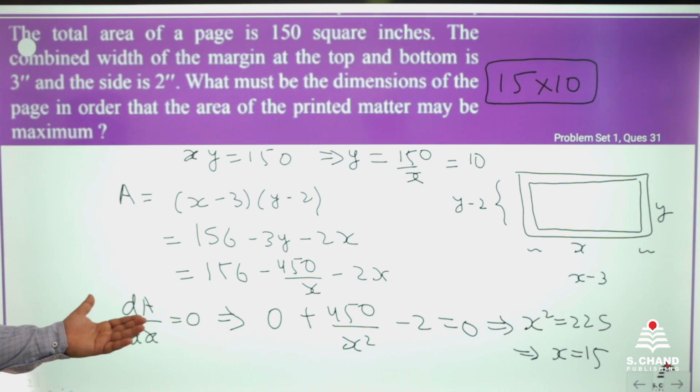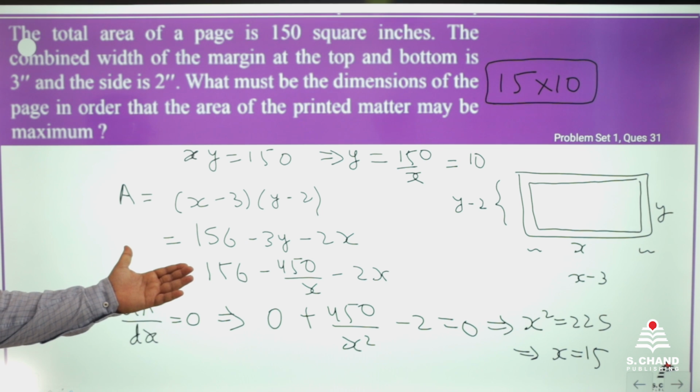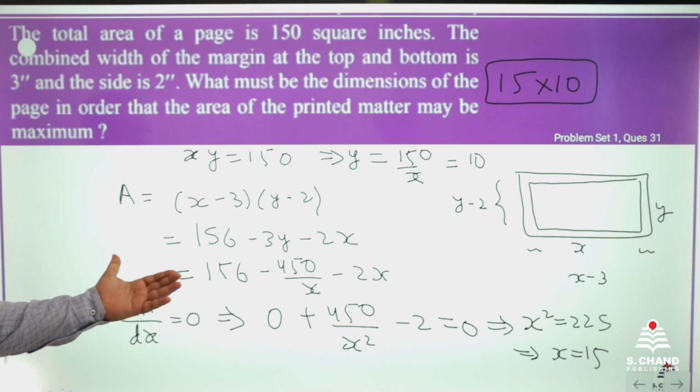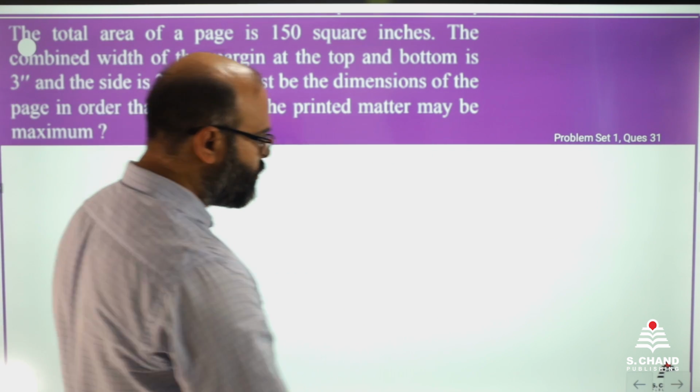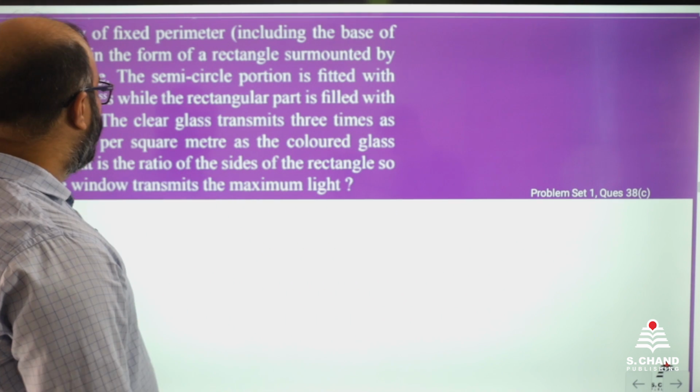You can double differentiate this also, and you can verify that the double derivative will be negative for the maximum area. But it is common sense that here we are getting the maximum area. For minimum area, one of them would have been 0. Let us come to the next question.